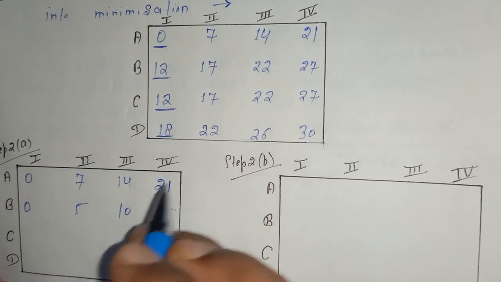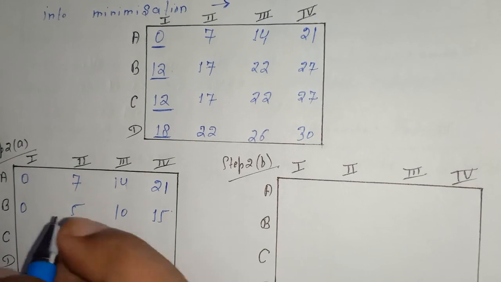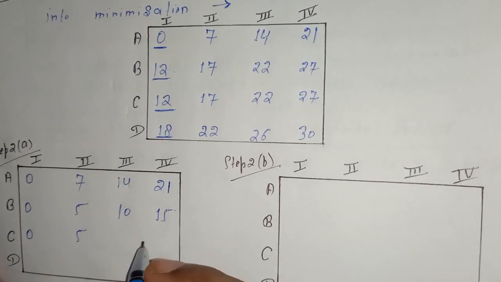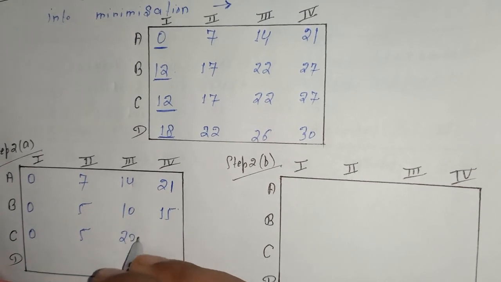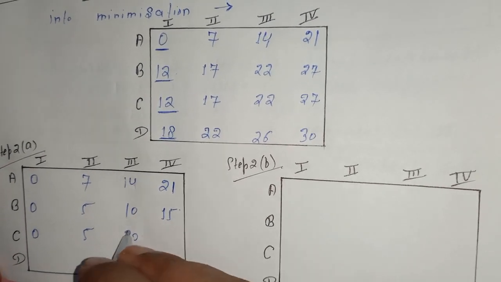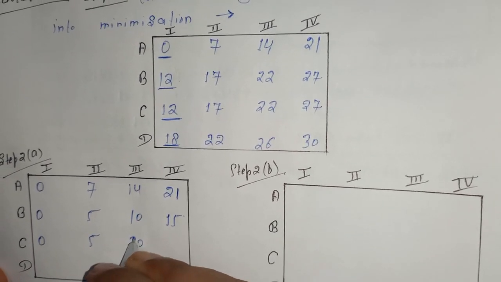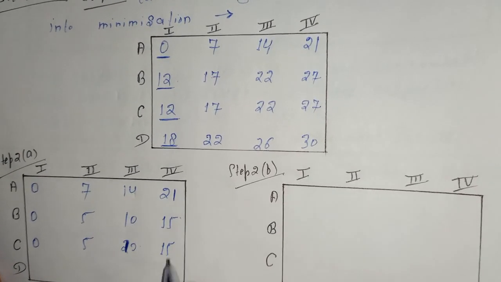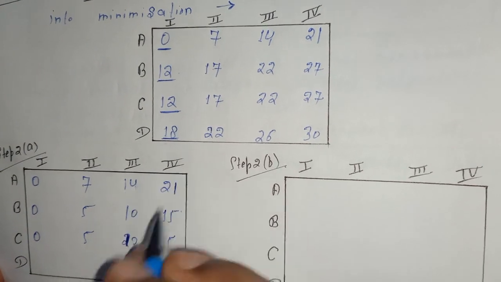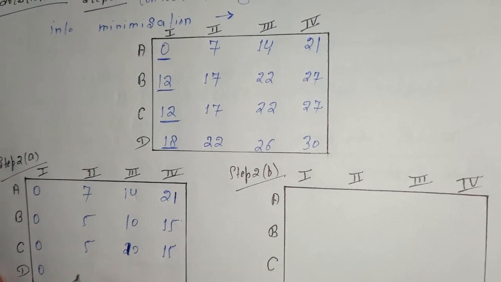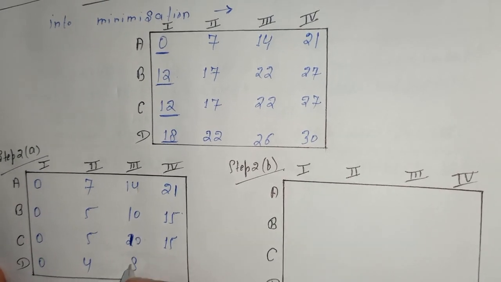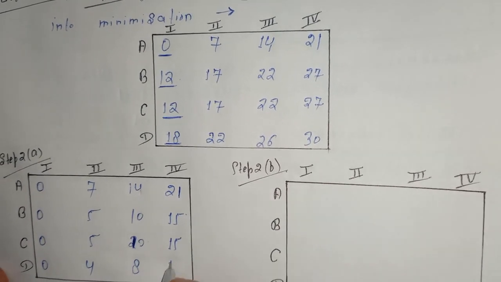In row C, 12 is the minimum element. 12 minus 12, 0. 17 minus 12, 5. 22 minus 12, 10. 27 minus 12, 15. In row D, the minimum is 18. 18 minus 18, 0. 22 minus 18, 4. 26 minus 18, 8. 30 minus 18, that is 12.